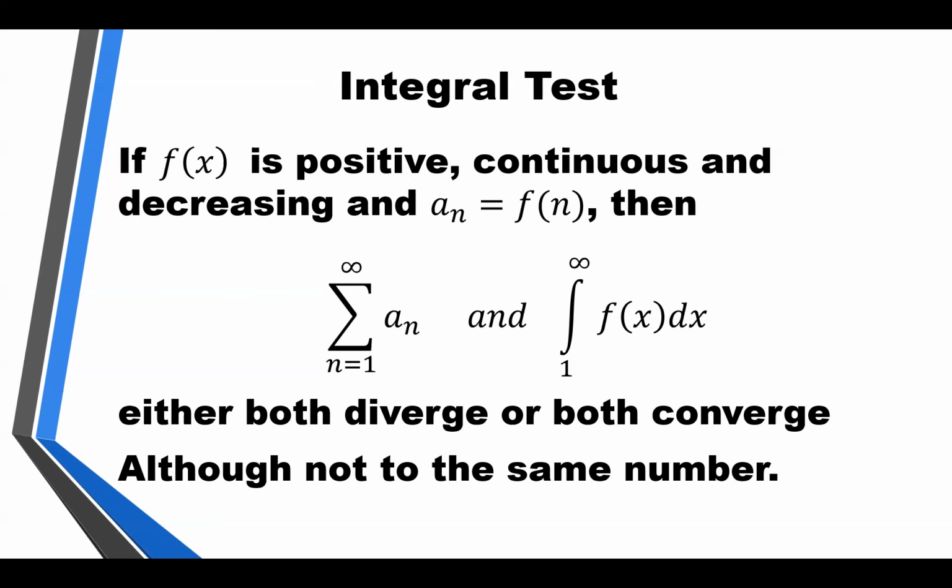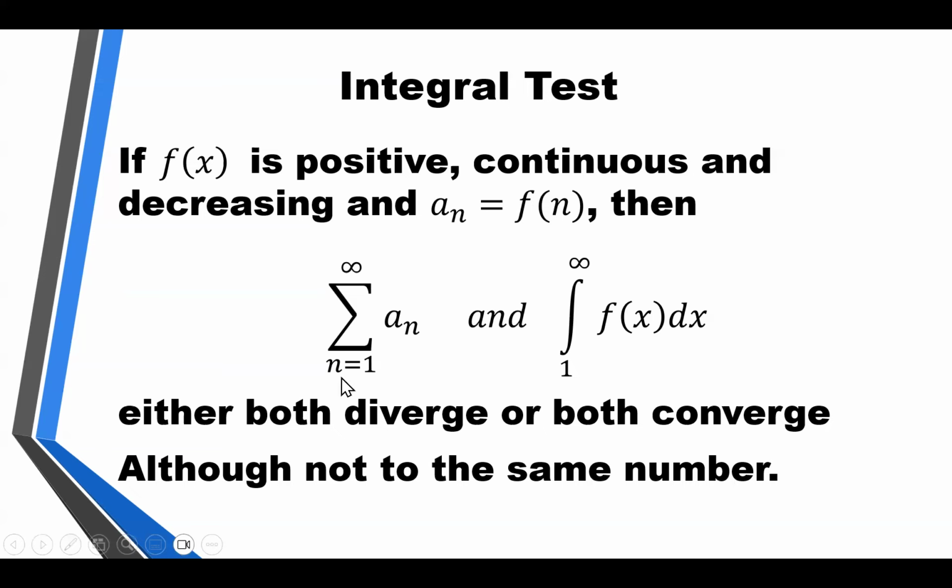But what this says is if I have an infinite series where my terms are essentially given by a sequence where the function is positive, continuous, decreasing, then the infinite series and the integration are both going to converge or both going to diverge.